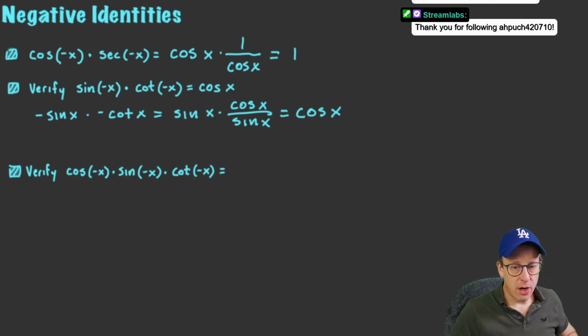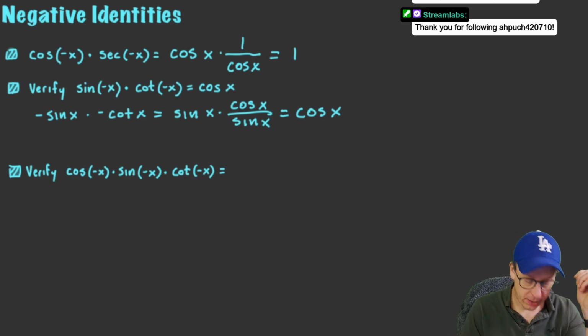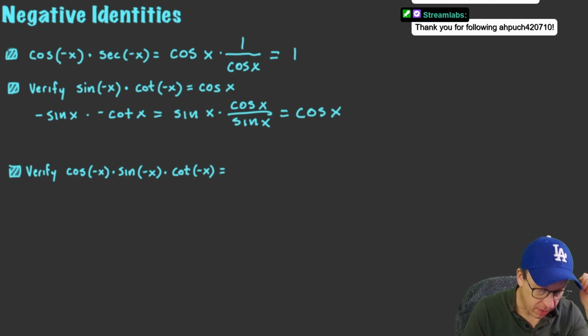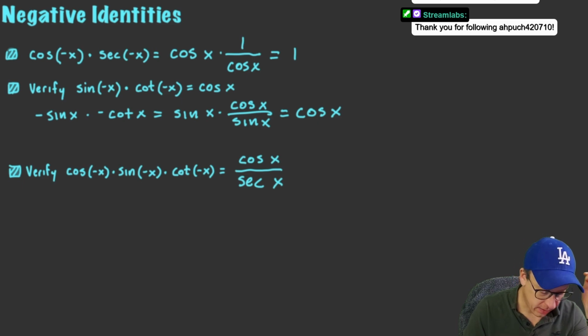Okay, so let's just move on with this. Verifying cosine of x. So let's say we have cosine x divided by secant of x.